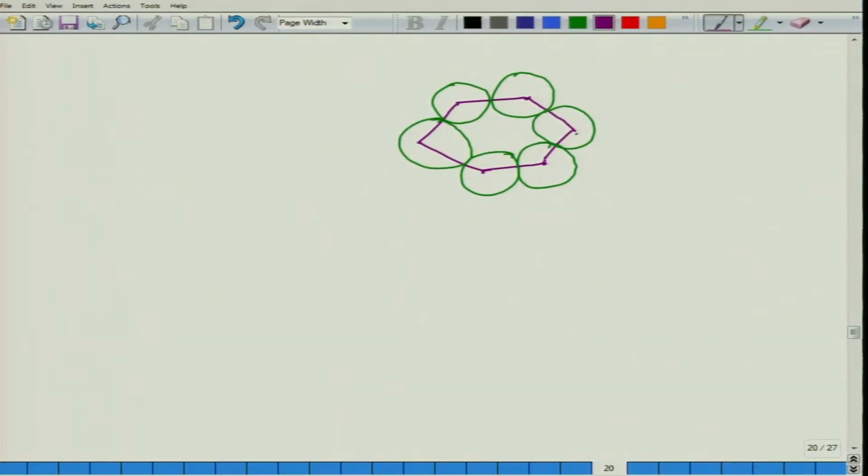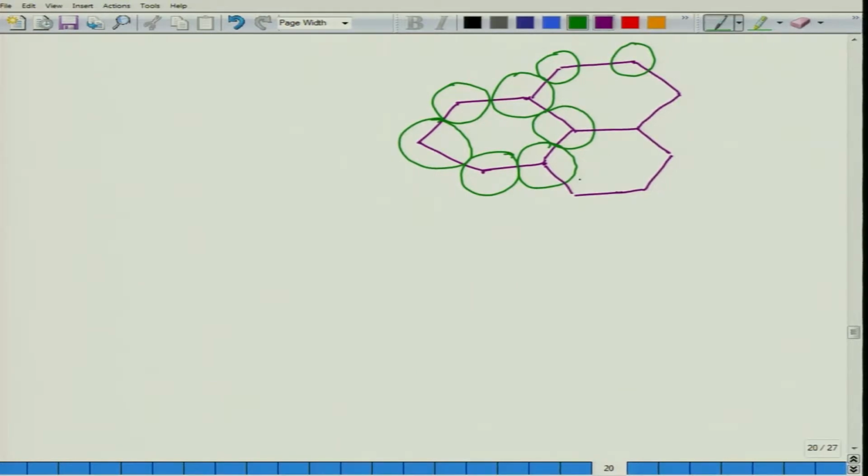Now, this hexagon will further go out and we will also have trees here. Now, the point here is to figure out the area that is covered by these hexagons.